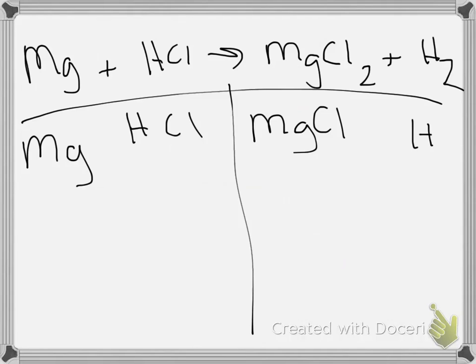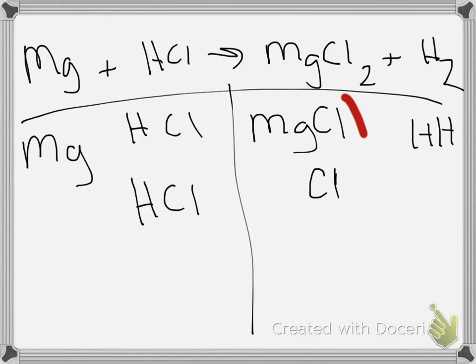I notice that I need a second chlorine on that magnesium chloride, and I need a second hydrogen to go with that H2. So I'm going to come back to my reactant side, and I'm going to add another HCl because it's listed as a compound. And I'm going to put the Cl underneath my magnesium chloride, and I'm going to put the hydrogen over here.